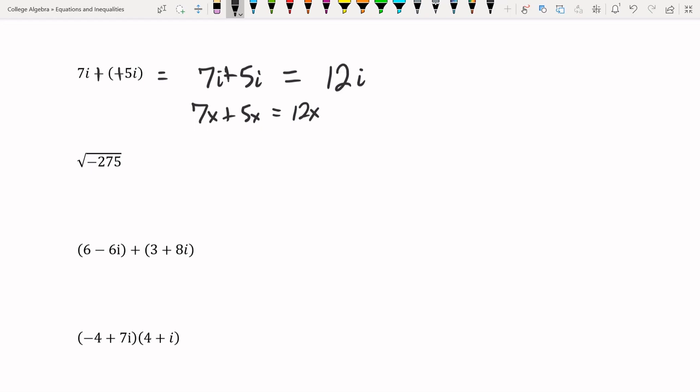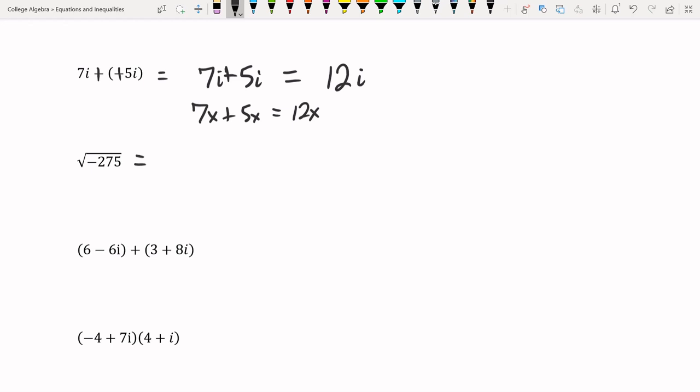Now, when you have a problem like this, where you have a square root of a negative number, the first thing you should always do before doing anything else is take the negative out as an i outside of the radical.